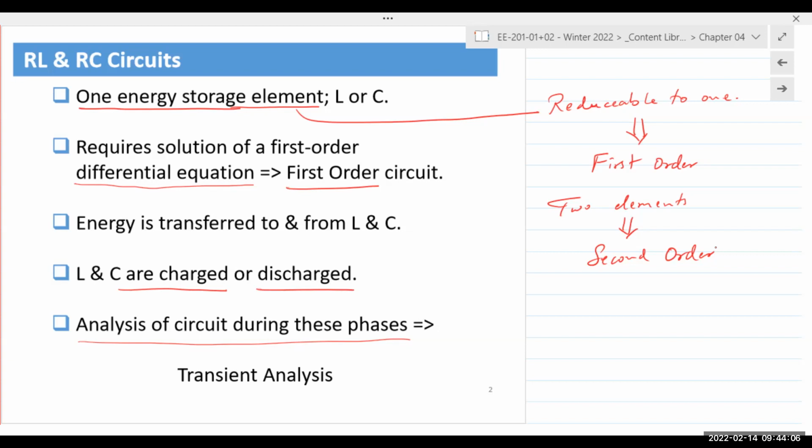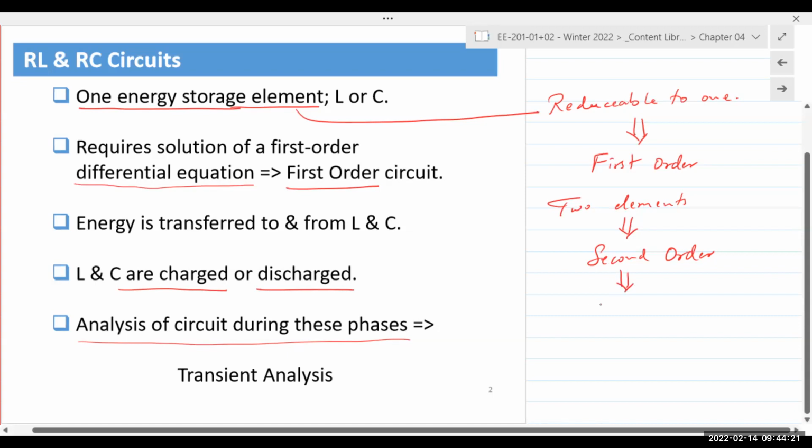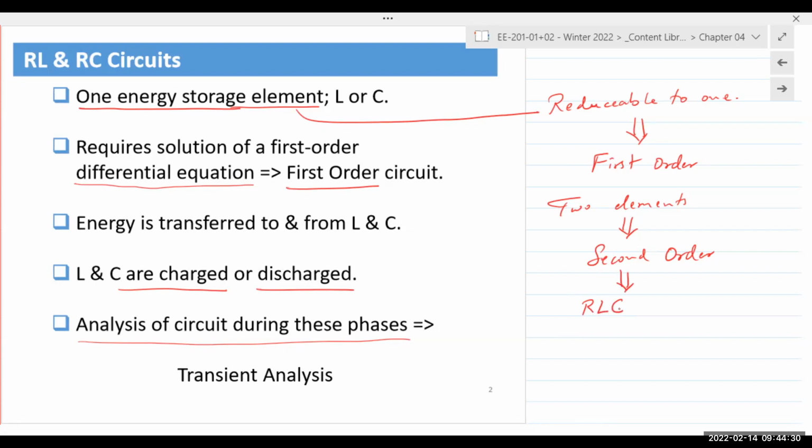When you have two energy storage elements, they could be two inductors or two capacitors, and it may not be possible to reduce them. You would still have a second order differential equation. But for the most part, when we study these circuits, a second order circuit is typically one that contains an inductor and a capacitor. So we call it an RLC circuit, a second order circuit.